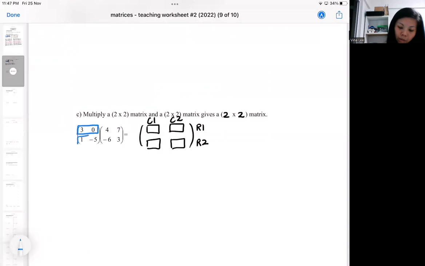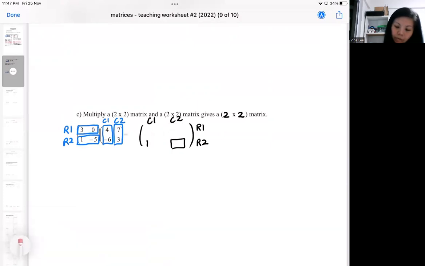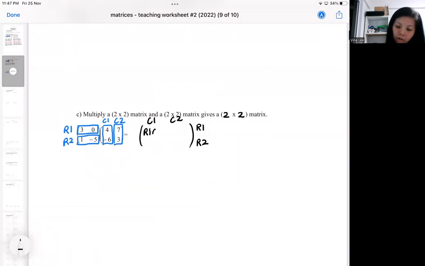You are taking the row from the first matrix. You are taking the column for the second matrix. So I would suggest you box it up, or else you will get very confused. So this is R1, C1, R1, C2. So usually, again, right, I will fill up the top layer. I fill up the top layer first.